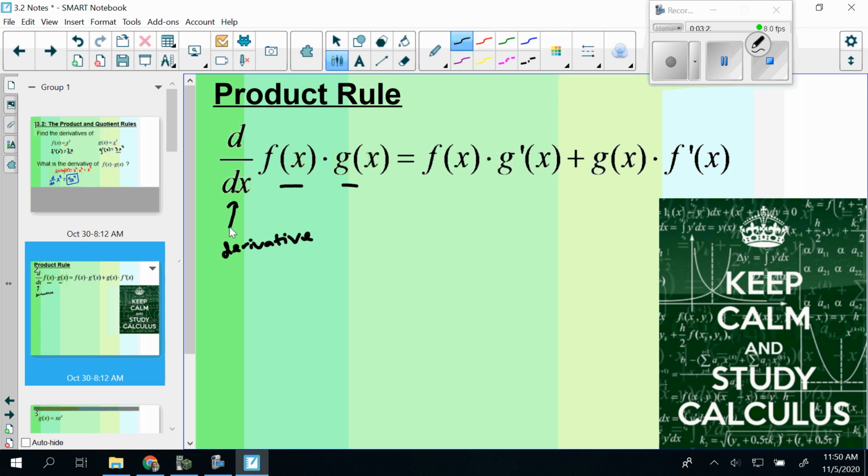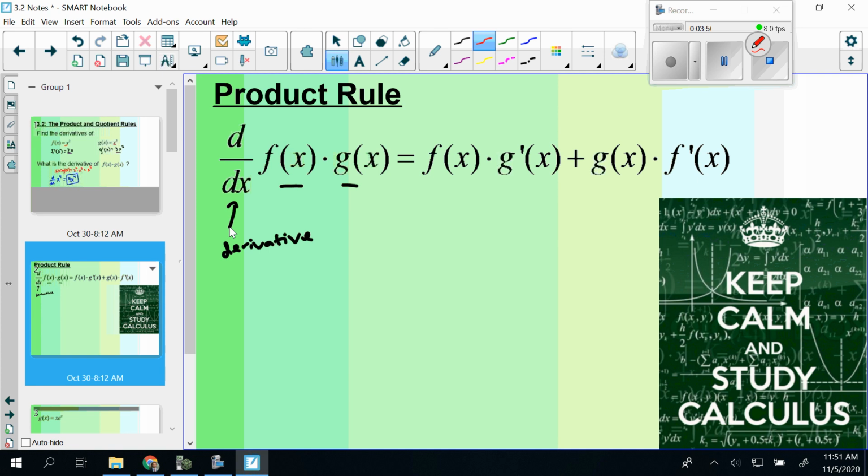And how product rule works is you take one of the functions and multiply it to the derivative of the second one. Then there's this plus sign, so we got to add, and now we're going to switch around the two things we just did. So you're going to take the other function and times it to the other one's derivative. That's product rule. This is something you'll need to know for the exam. Definitely going to be tested on it.